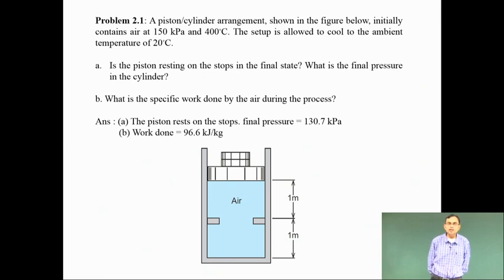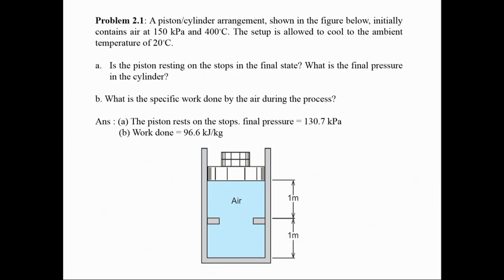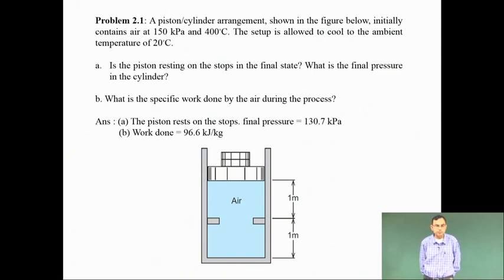So, you can see that physically what is going to happen is, if heat is transferred from the system, which is air in this case, the piston will start going down. In the process it may hit the stops or not.